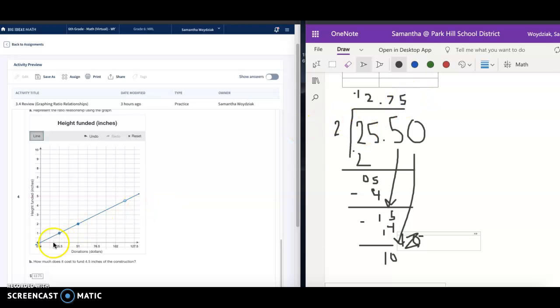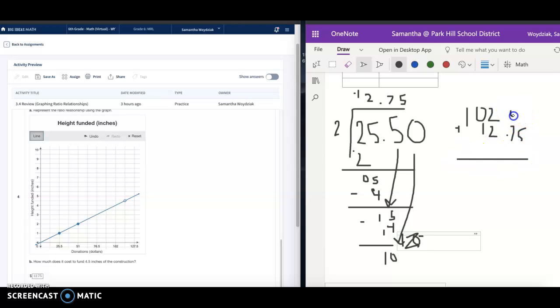So what we know is each of these hashes, like if I go from 0 to right here, it goes up 12 and 75 hundredths, and then it goes up 12 and 75 hundredths, 12 and 75 hundredths. So to get from 102 to this next hash, right in between 102 and 127 and a half, would be adding 102 plus 12 and 75 hundredths.